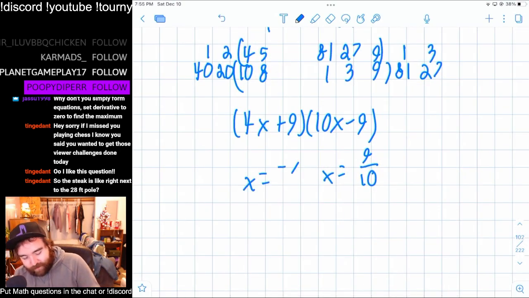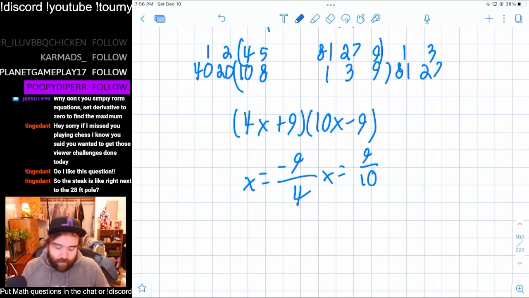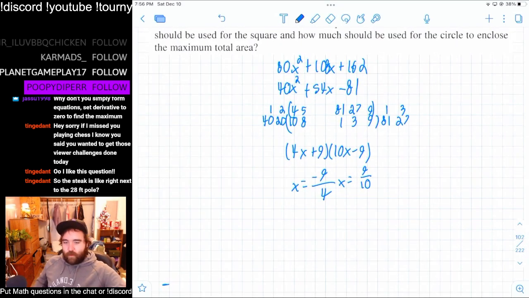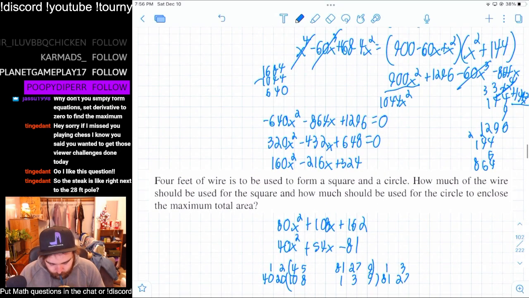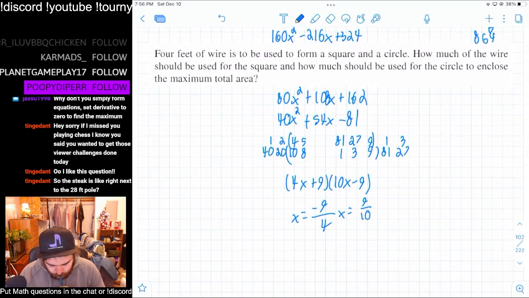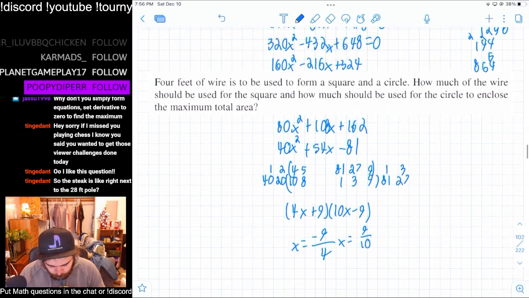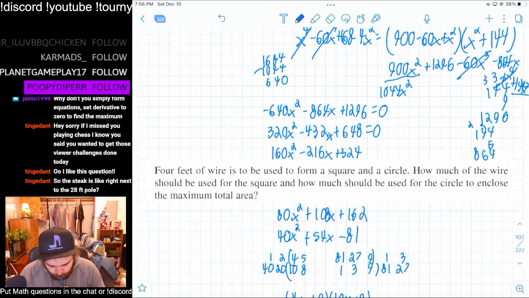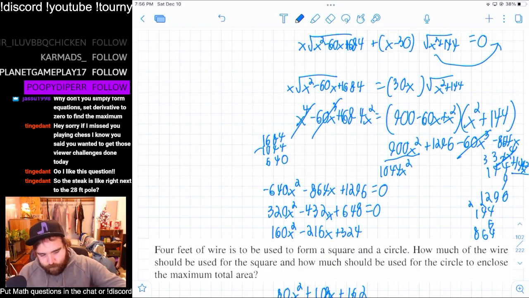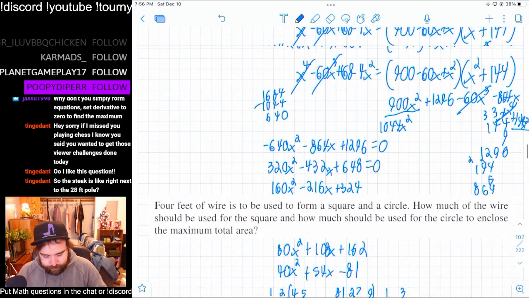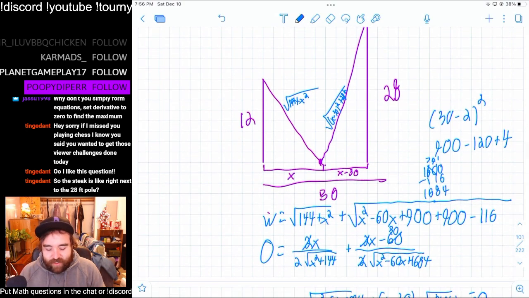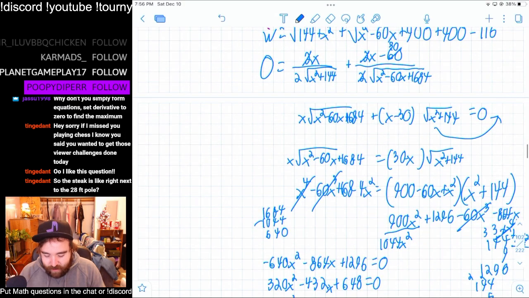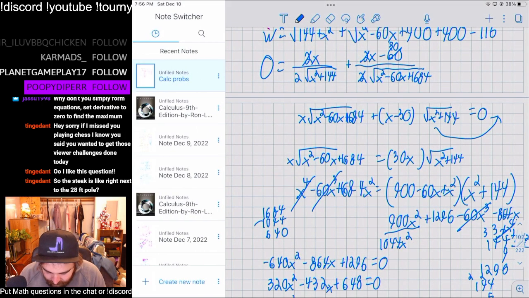And x equals negative 9 over 4. I can't have x be 9 over 10. It should be bigger than 15. Are you kidding me?